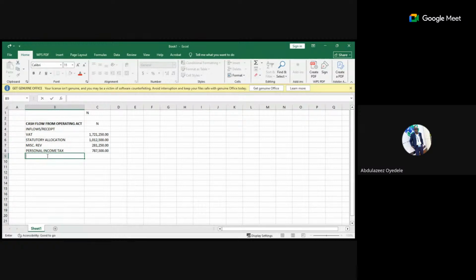It will be with the CBN on behalf of customs and FIRS. When they want to spend it, they collect it from CBN. So it's an inflow to the federal government, until they pay it to the agencies, and that is when it becomes an outflow. So in this case, that item is an inflow. So please post it as inflow.